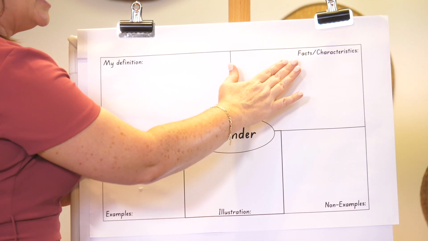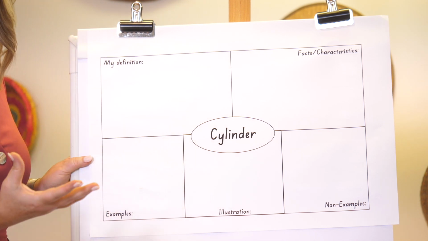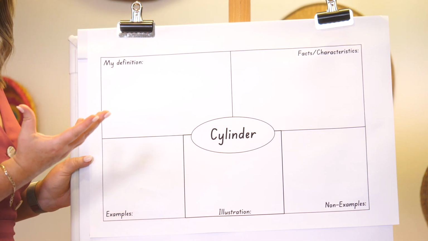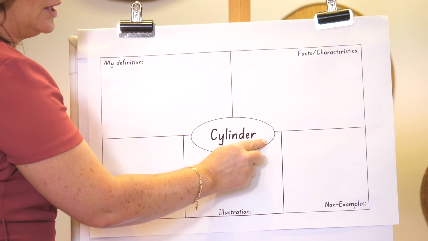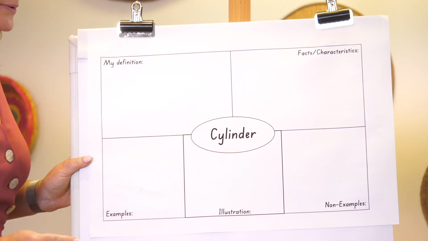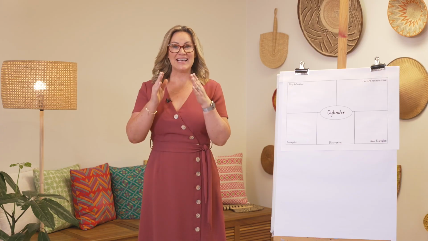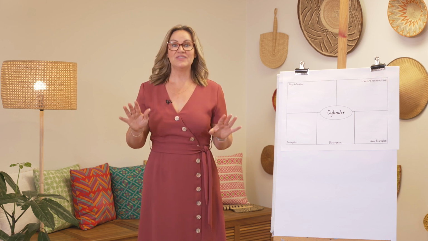Then in a Freya card, we look for facts or characteristics about this keyword. We also then include non-examples, which are really important to include because sometimes words are similar, but they're not the same.